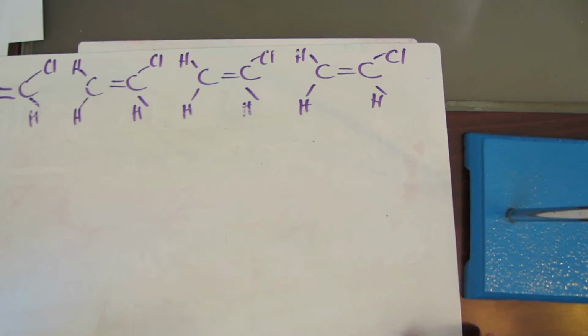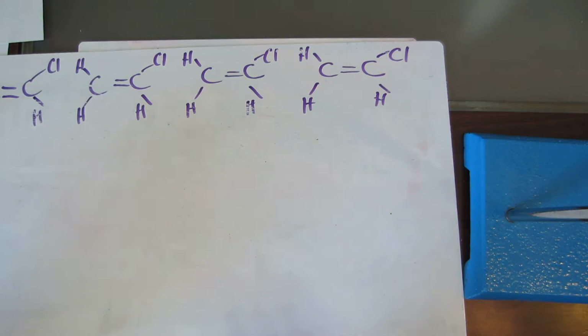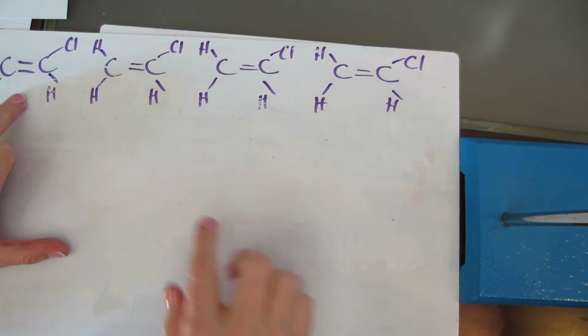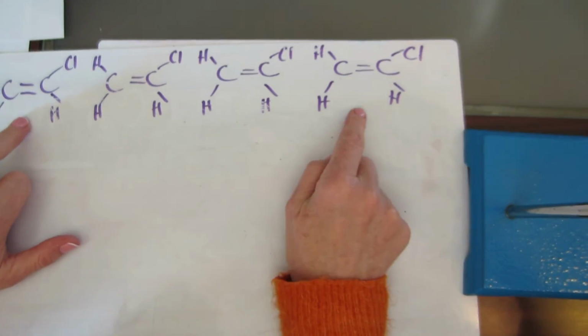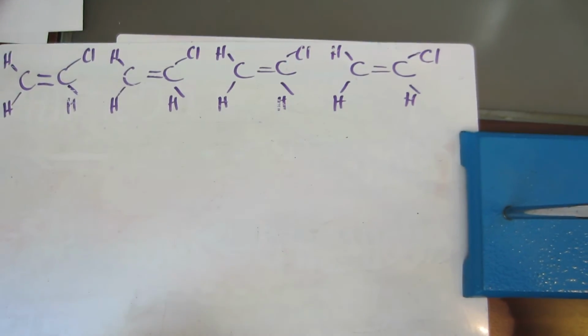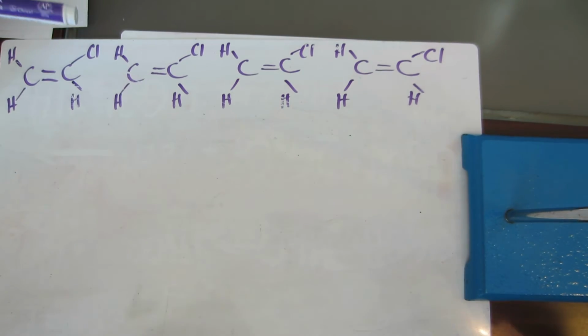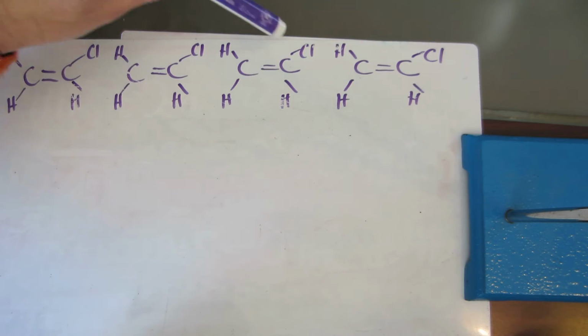Okay, so how do we write this down on paper? So here are my alkene monomers, and if you notice, I've put another, instead of a hydrogen, I put a chlorine.